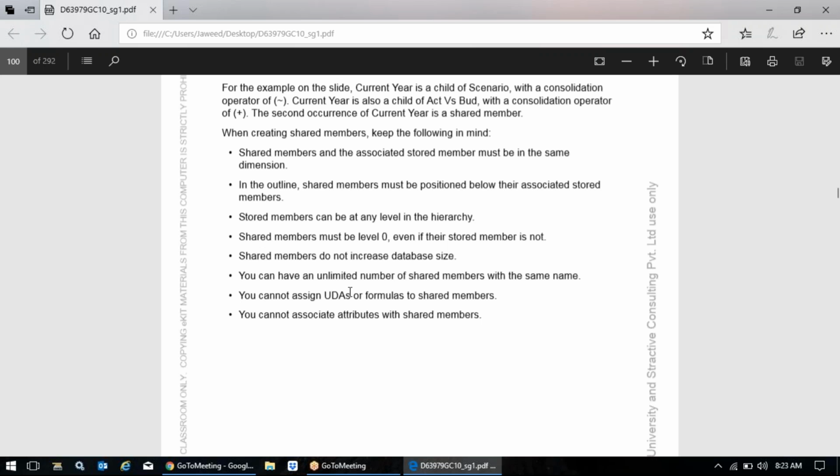And then when you map it, the members in an attribute dimension can only be mapped in one way. Let's say the first member you are mapping with product. You cannot have the second member mapping to some other dimension.